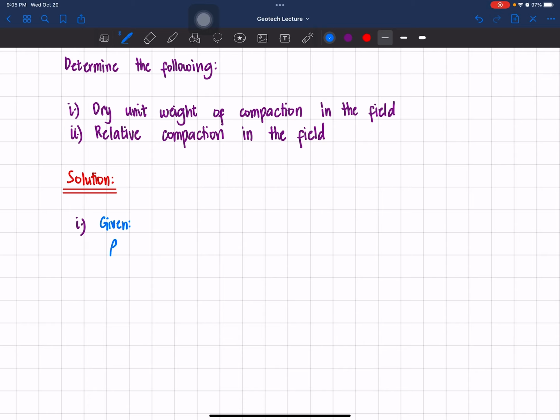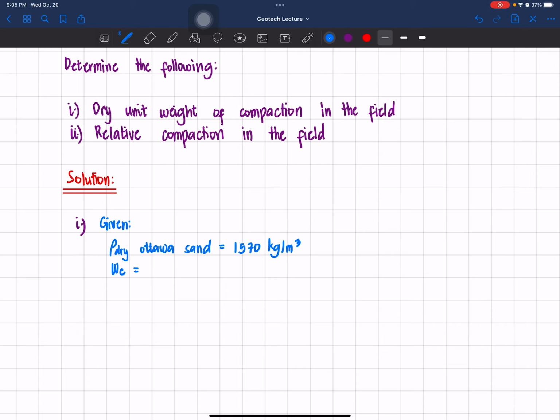So, raw ng dry ng Ottawa sand is equal to 1570 kilograms per m cube. And then we have yung calibrated mass of Ottawa sand to fill the cone. So this is the weight C. Okay? So this is the weight C.